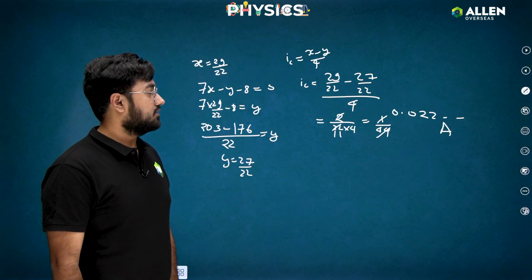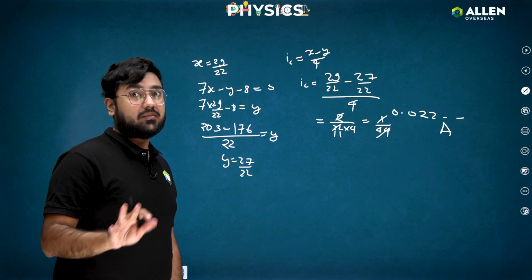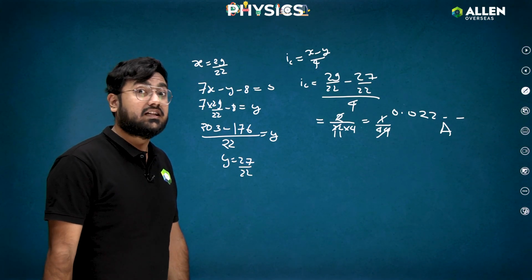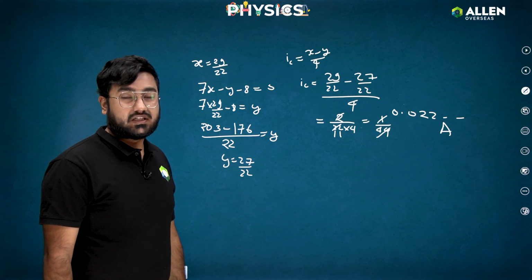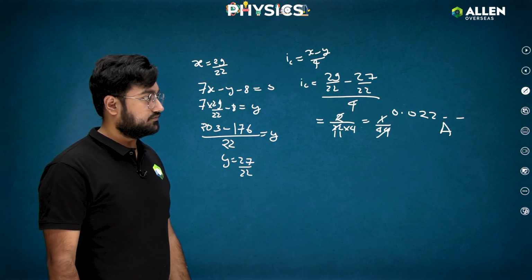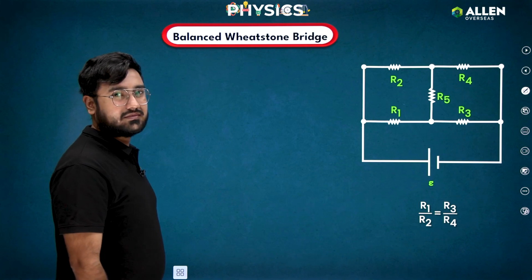Getting the point? If you encounter any Wheatstone bridge that is unbalanced, you have to use KVL or KCL depending upon the situation. But what is this balance and unbalance? Let us talk about that.